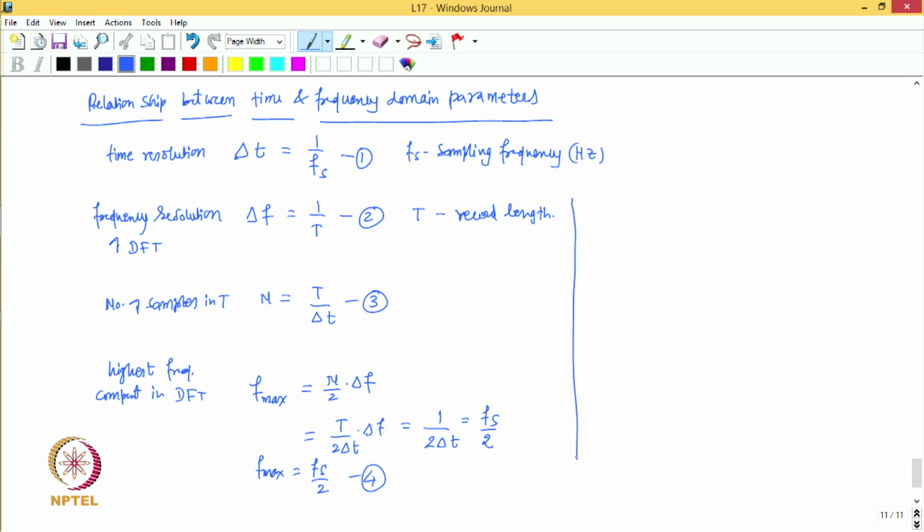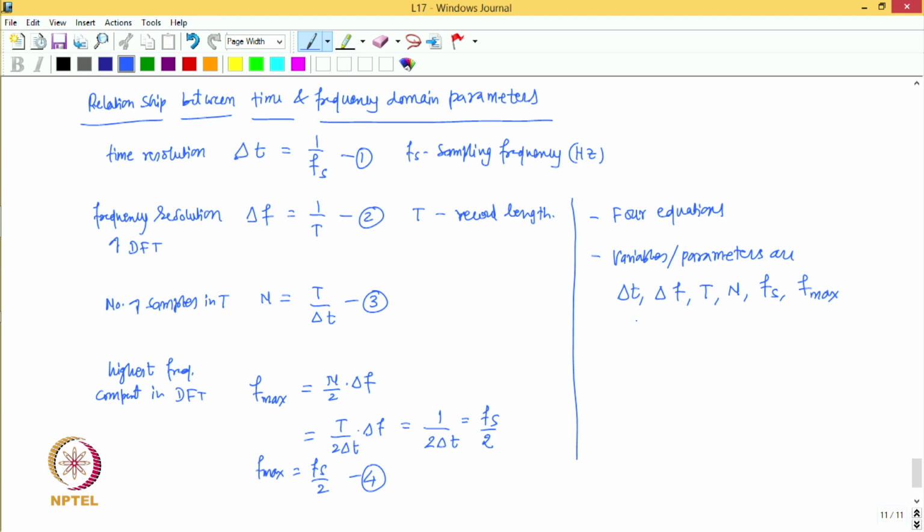So, we have 4 equations which relate the time and frequency domain parameters, and how many variables do we have? The parameters are delta t, delta f, record length T, number of samples N, sampling frequency fs, and the highest frequency in the spectrum, which defines the frequency range of the spectrum.